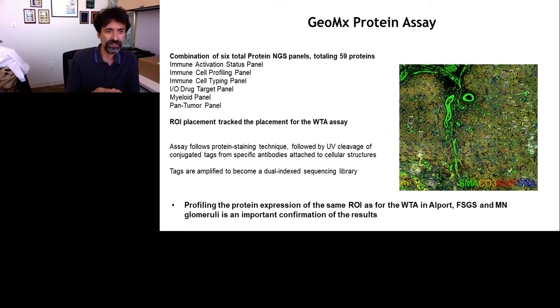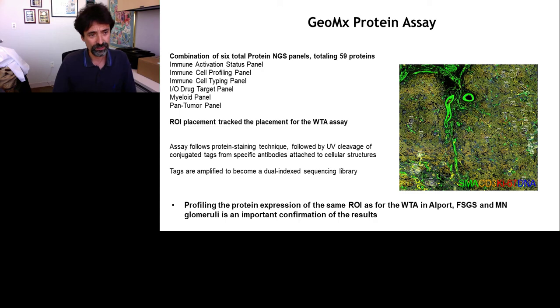But the other idea was also to better define the single structures in the kidney based on the expression of markers that could allow us to identify smaller regions of interest to test their profile within these regions.